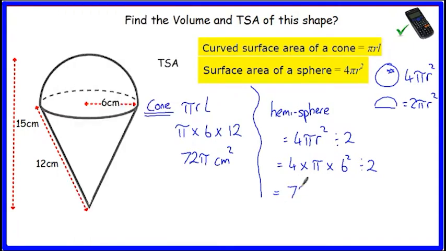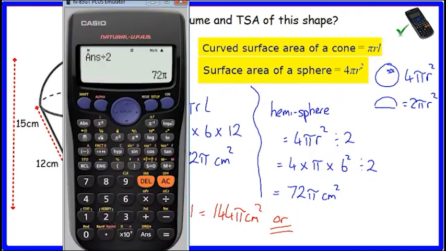That's 72 pi centimeters squared. So both of those are identical. So my total surface area is 144 pi centimeters squared, or 452.39.